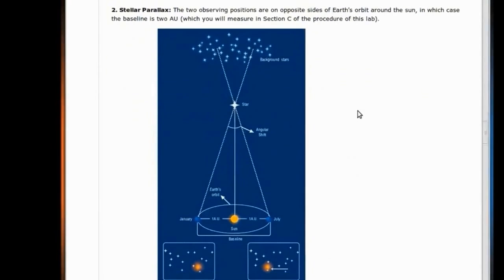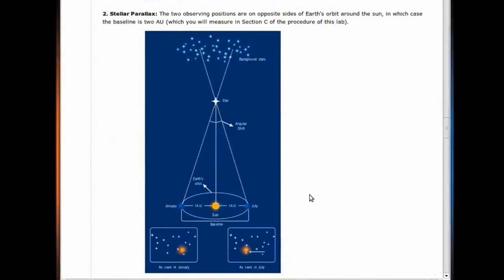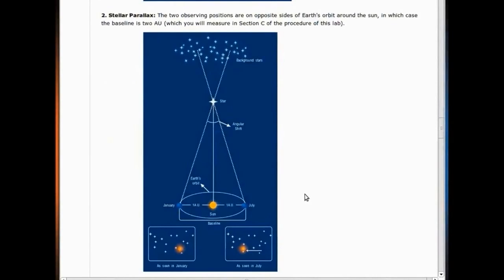Now, we can go one step further than that. We could do stellar parallax. Instead of having an observer on one side of the Earth and an observer on the other side, what if we just waited for the Earth to move? Remember that the Earth is orbiting the Sun, making a trip around the Sun once a year.